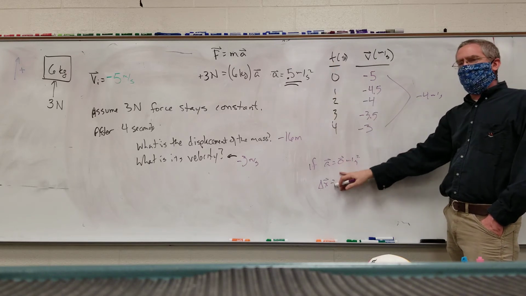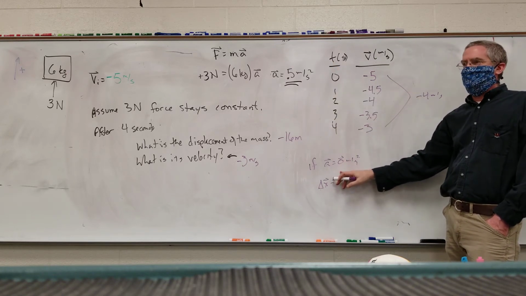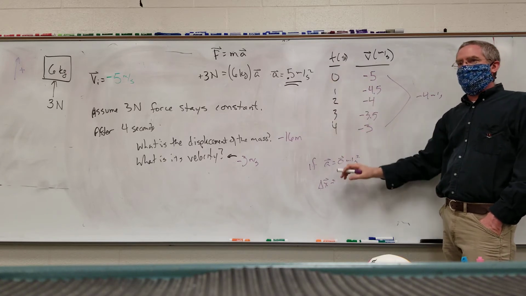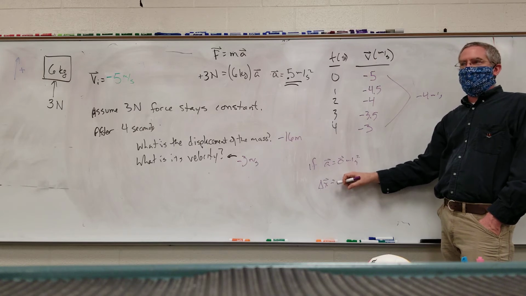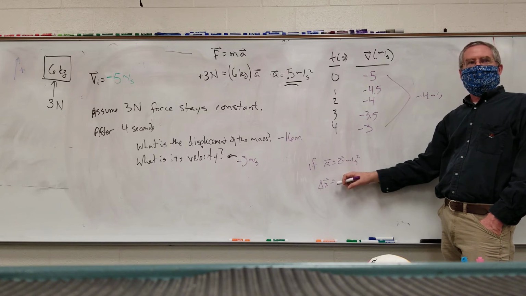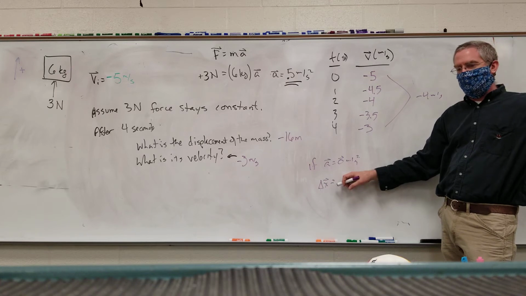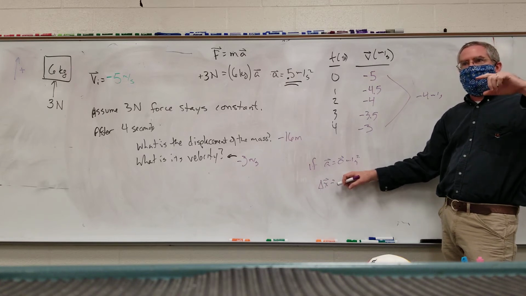If acceleration is 0, what does that mean in terms of the velocity? It's not changing. Right. So if it's traveling -5 meters per second for 4 seconds, what's the displacement? 20 meters? Negative 20 meters.